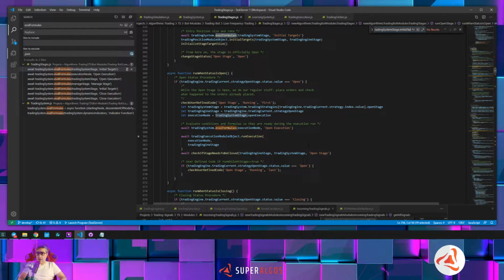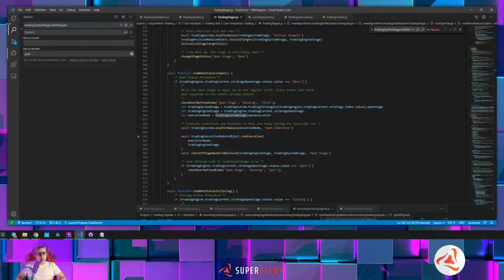Initial targets. Okay, I'm not seeing it anywhere. I'm not seeing this either.